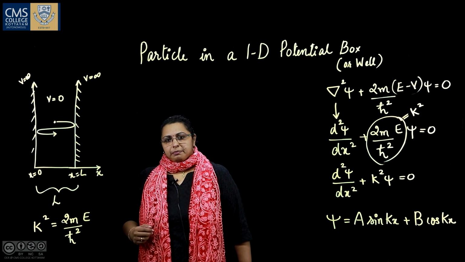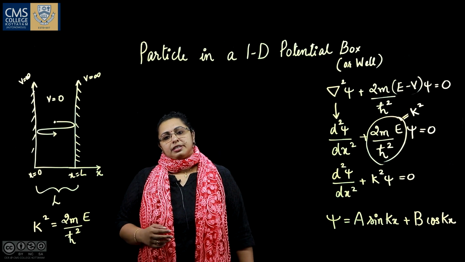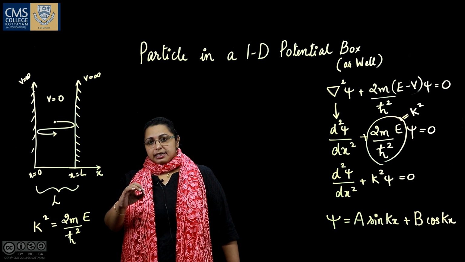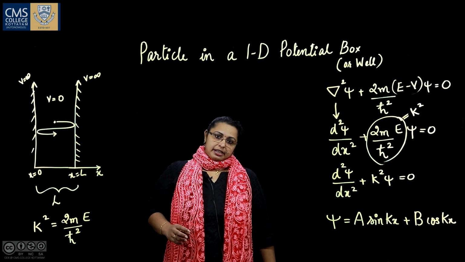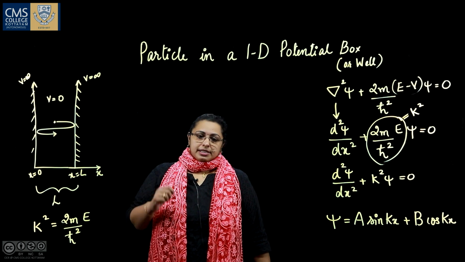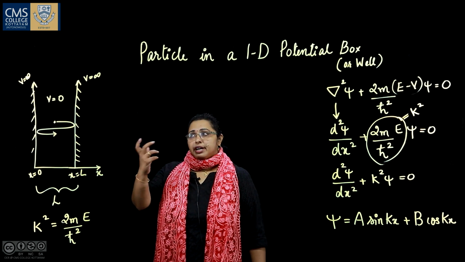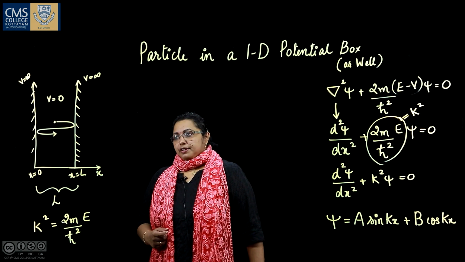Understood? It can also be related to the uncertainty principle, because when the potential is infinity, the particle's position would be exactly known, and that is not allowed according to the uncertainty principle. Therefore, the particle cannot be present on the walls or wherever V is equal to infinity.